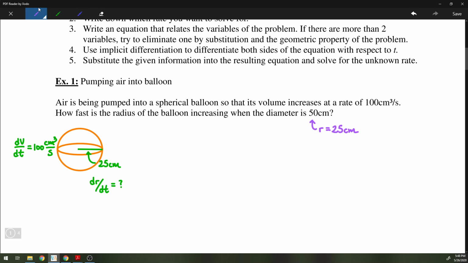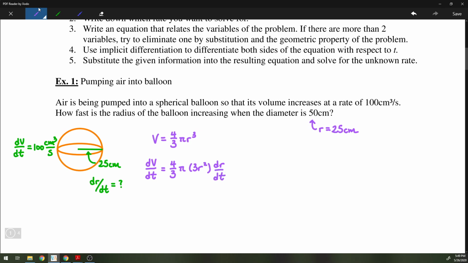So the relationship between the radius and the volume of a sphere is, of course, V is equal to 4/3 pi r cubed. We can take the derivative of both sides. dV/dt is equal to 4/3 pi times 3r squared dr/dt.